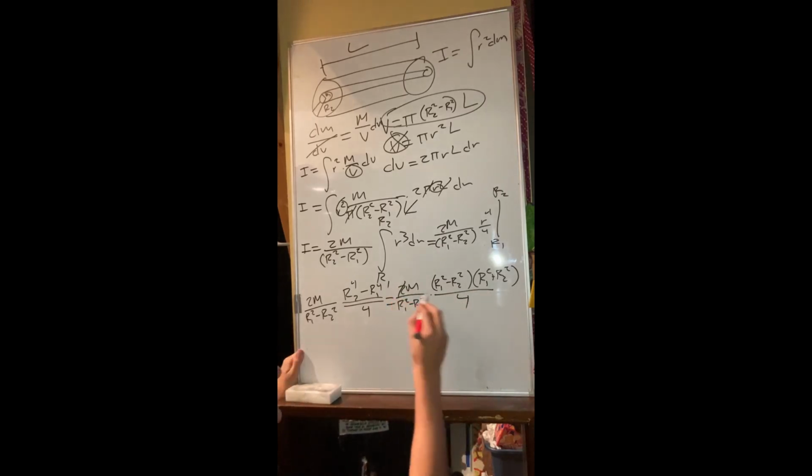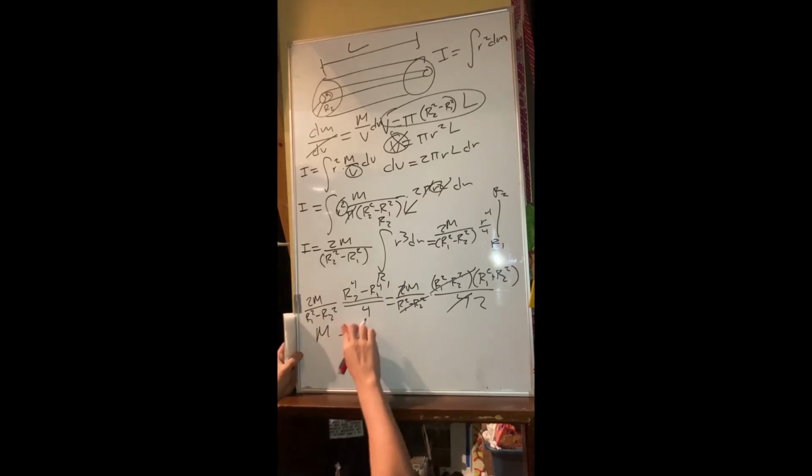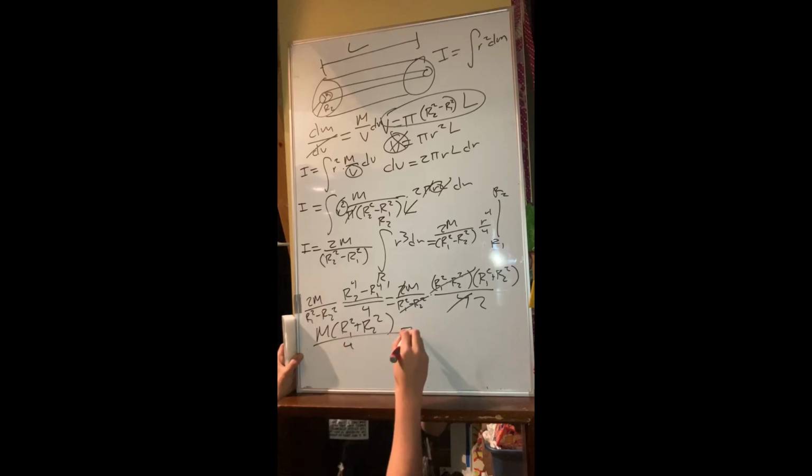So we're going to cancel the R2 squared minus R1 squared term, and the 2 over 4 turns into a 2, and we're left with m times R1 squared plus R2 squared over 2 equals I.